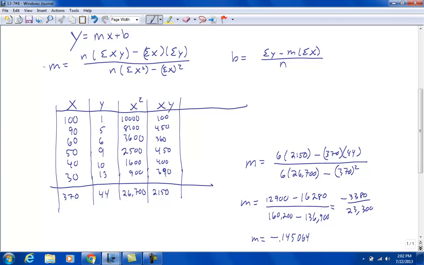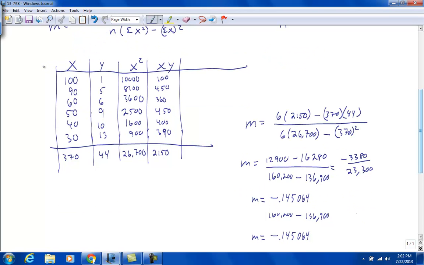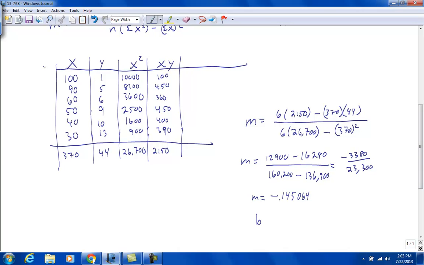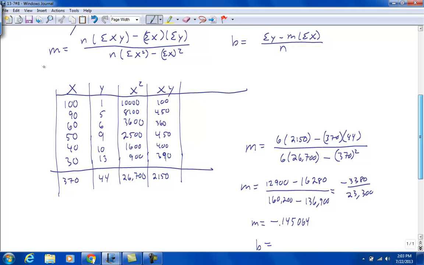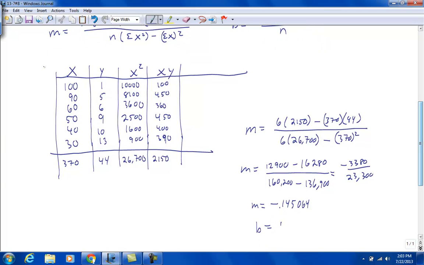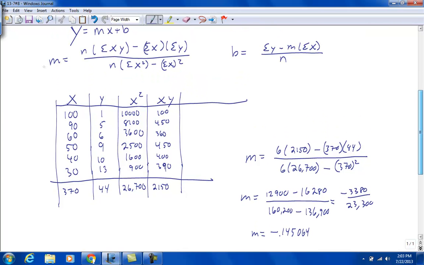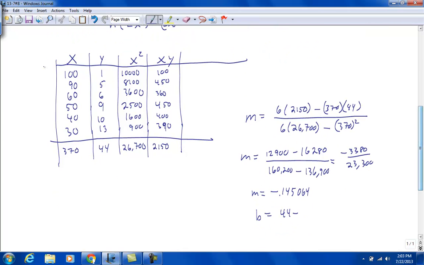Okay, and let's see what b is going to be. b equals, as I had above, the sum of y's, so that's going to be 44, minus m times the sum of the x's. So our m was negative 0.145064, and the sum of the x's was 370, all over n.